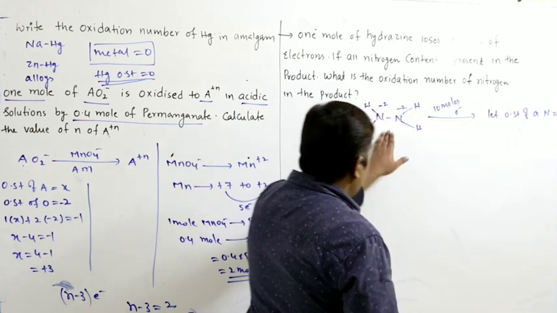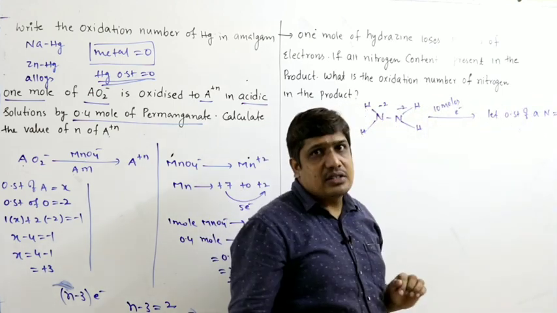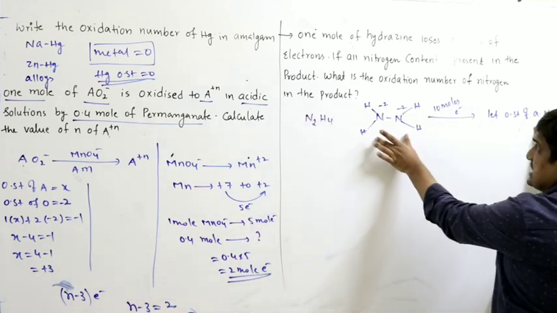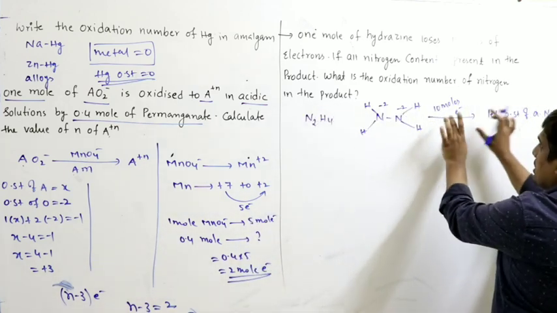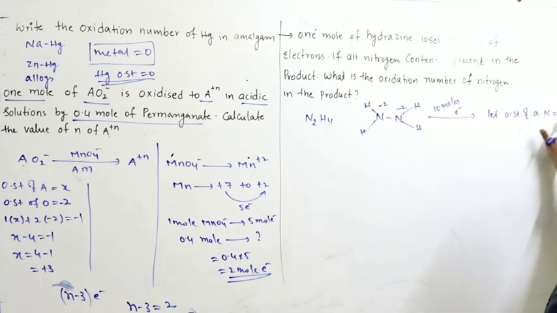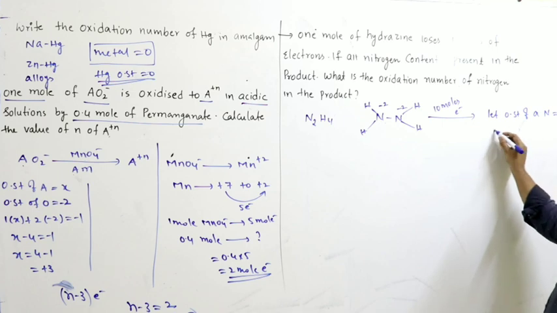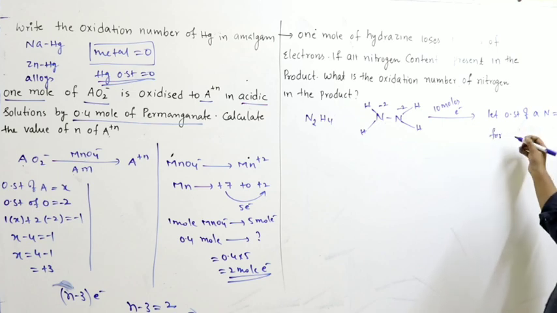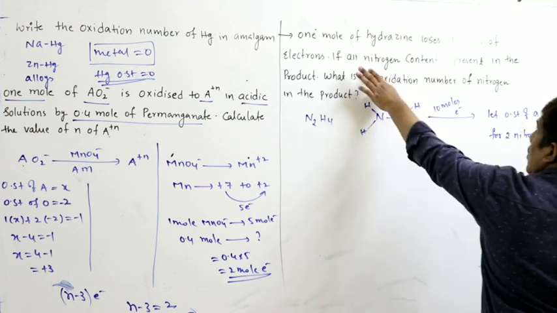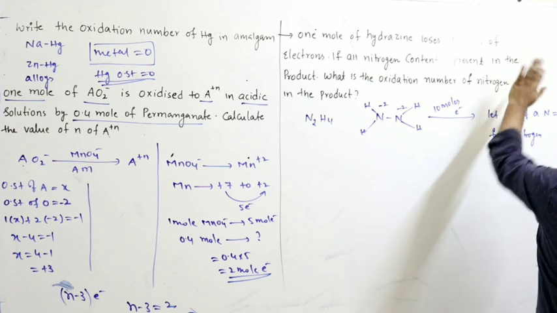So from here to here, how many moles of electrons are lost? 10 moles. So the difference in oxidation state must be equal to 10 moles of electrons. So 1 nitrogen oxidation state is X, for 2 nitrogens, 2X, because both are present in the same species. All nitrogen content is present in the product.